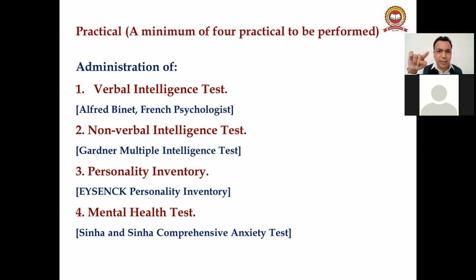This is a verbal intelligence test. You have to remember: Alfred Binet was a French psychologist who gave the first intelligence test in the year 1905. So we have used the standardized test developed and designed by Alfred Binet, right?